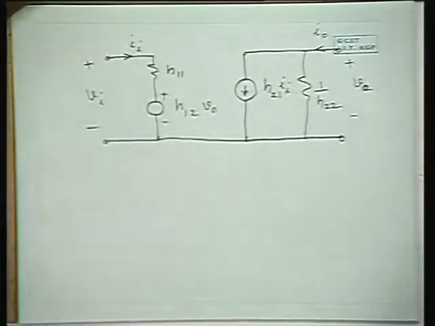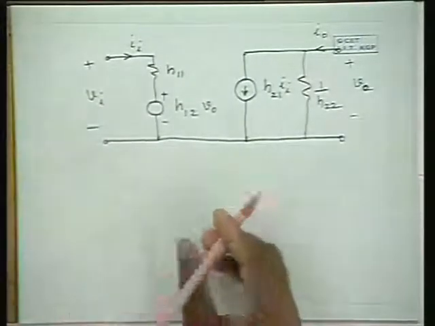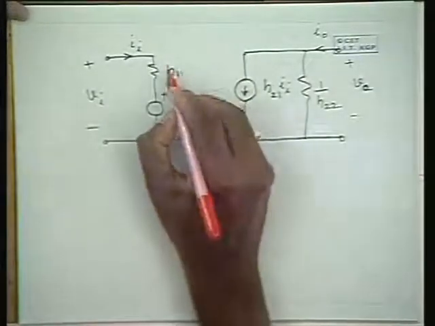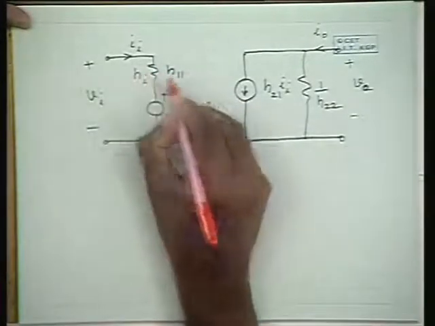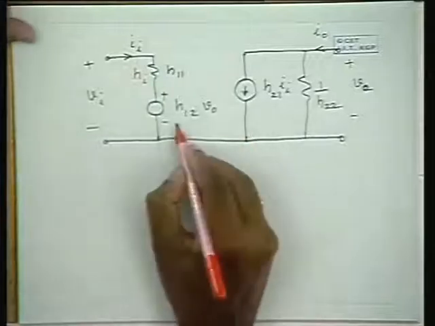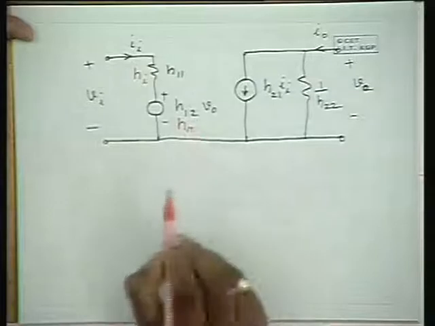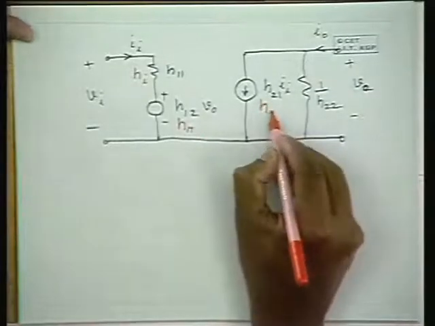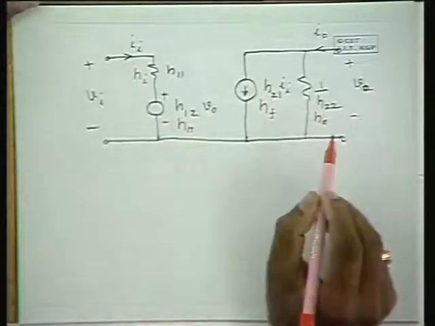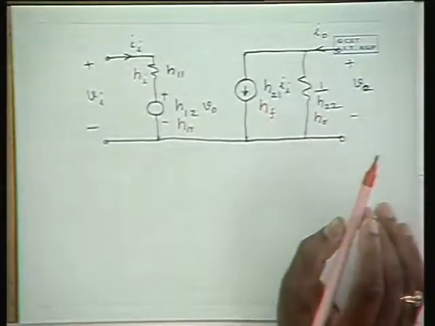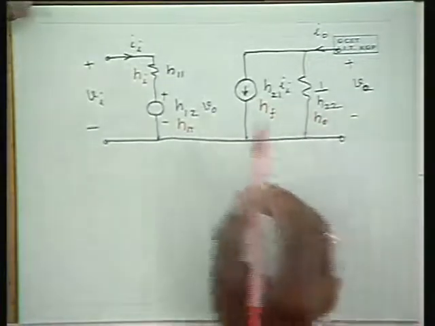In general, in transistor terminology, we use the symbol hi for this parameter, and we use hr for this, hf for this, and ho for this parameter in the context of transistors. It is only a notational change, nothing else.